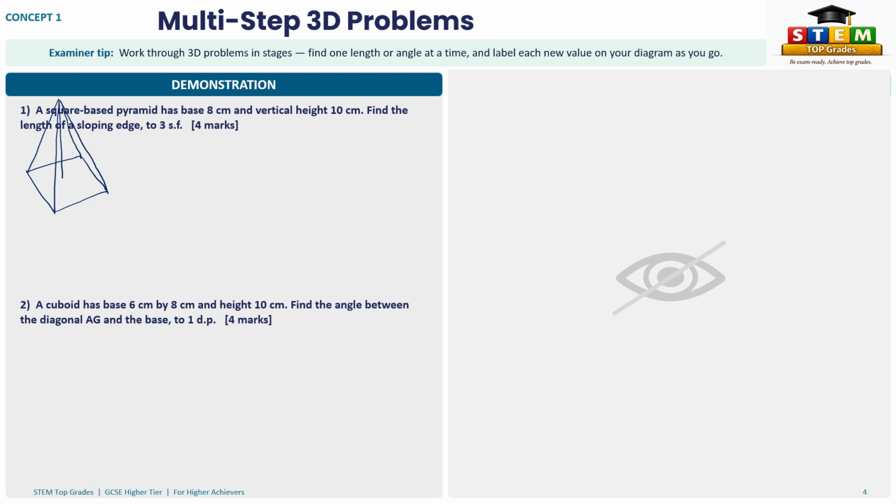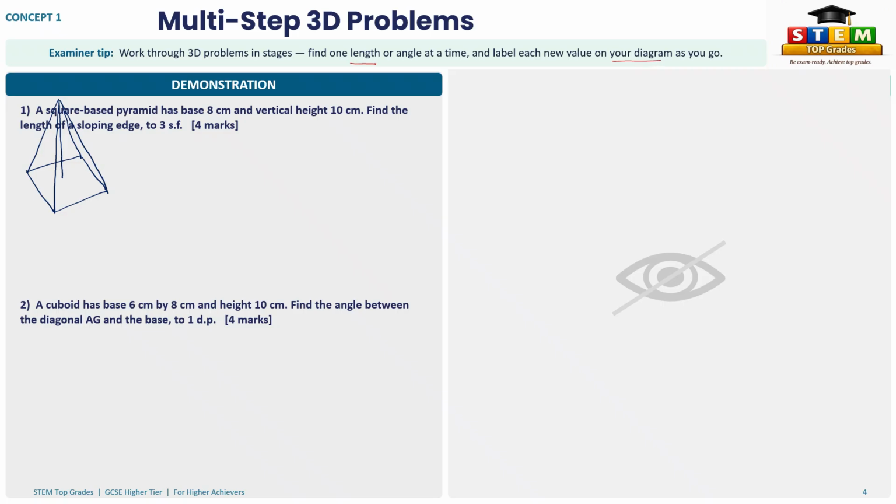Whenever you do 3D Pythagoras, it would be at least 2 drawings, 2 triangles that you would be looking at in order to solve the problem. So it says we're going to find the length, and we're going to be drawing our diagram.